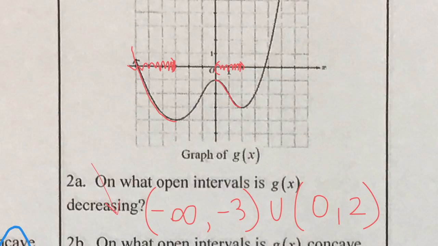And then on what interval is the graph concave up? Once again, it really depends on how your eyeballs see things. My eyeballs might see concave up until we get to -1. So from -infinity to -1, I'm saying that graph is concave up. Maybe you put -2 or -1.5.